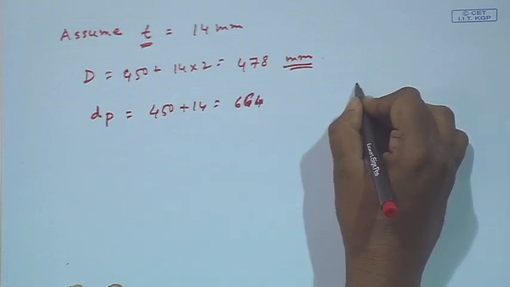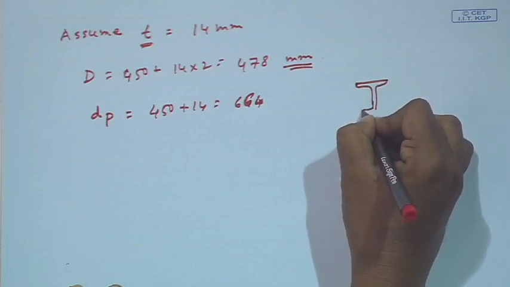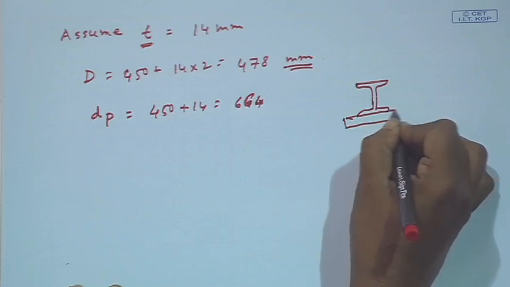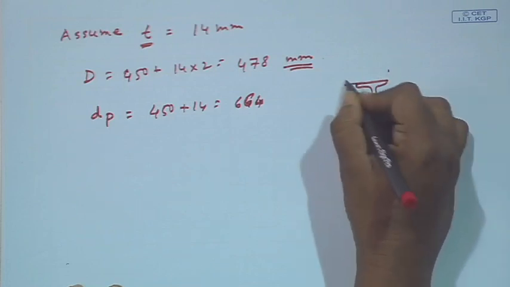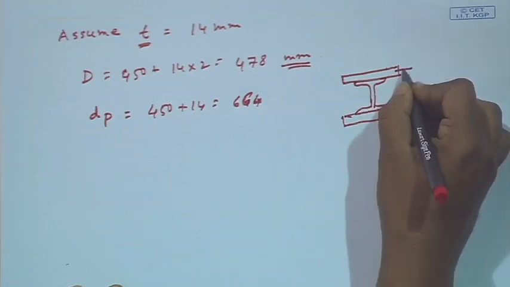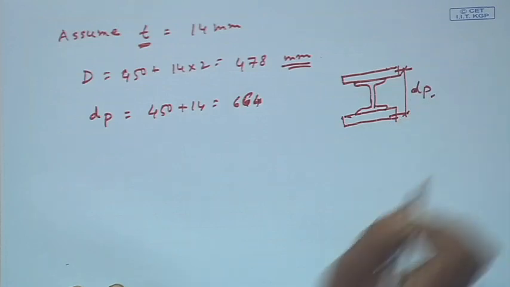Distance means if we have an I section like this, and if we have plates, then the distance between center to center of the plate is what we are calling dP.